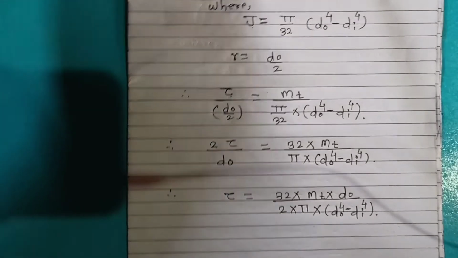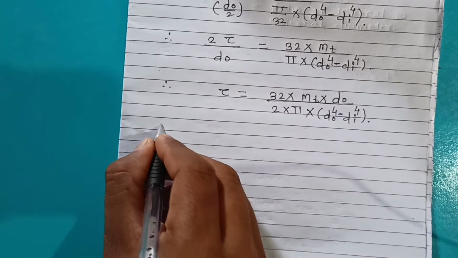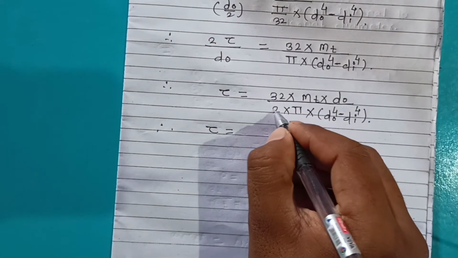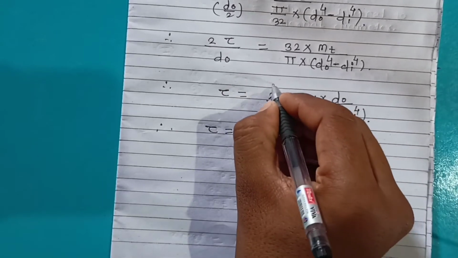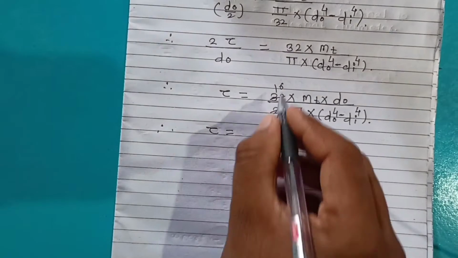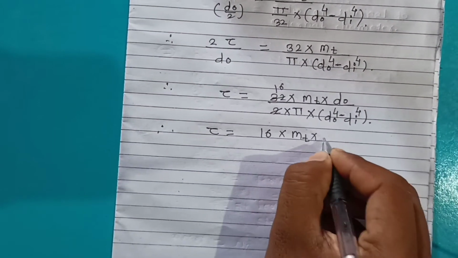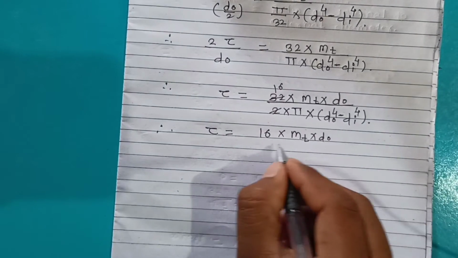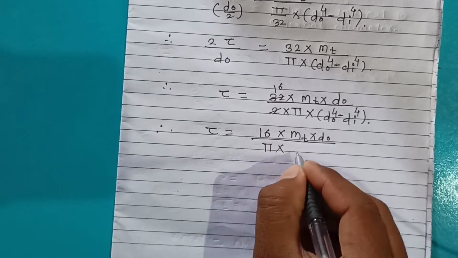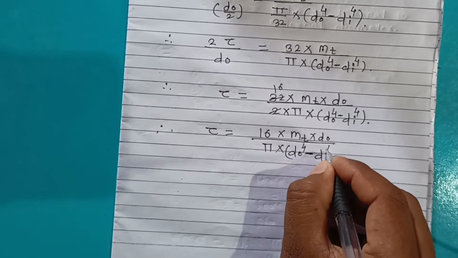Now tau is equal to, here 32 divided by 2 is nothing but 16, so 16 into mt into do divided by pi into do raised to 4 minus di raised to 4.